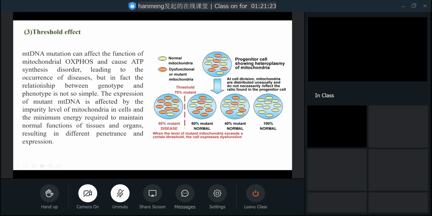The expression of mutant mitochondrial DNA is affected by the impurity level of mitochondria in cells and the minimum energy required to maintain normal functions of tissues and organs, resulting in different penetrance and expression.